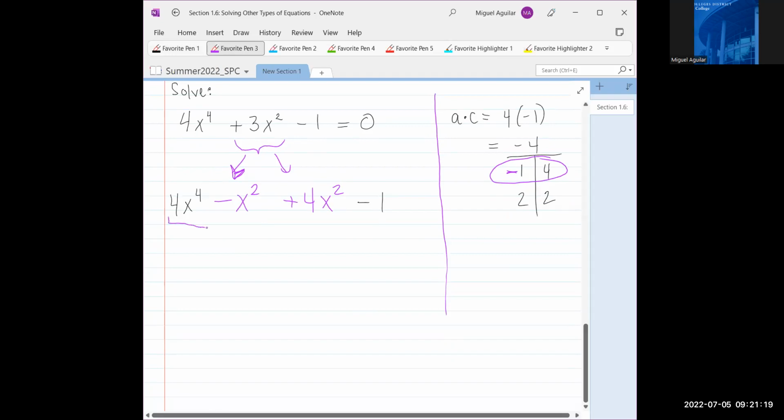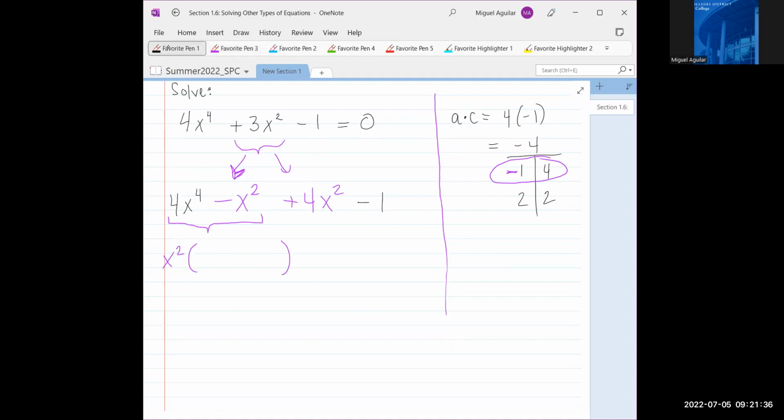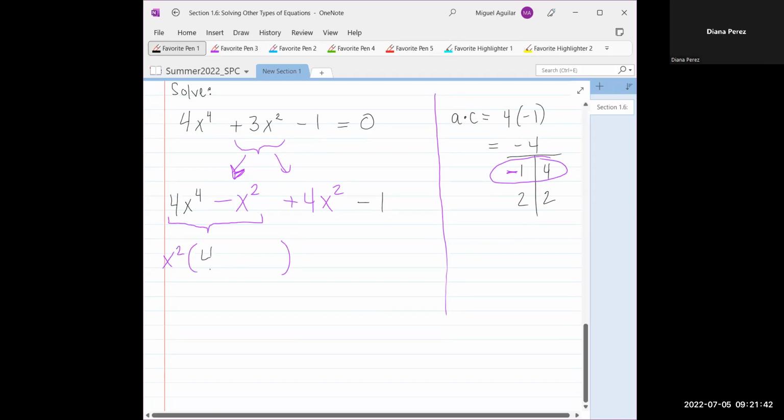We'll look at the first 2 terms. And what's their greatest common factor? X to the 2nd. If I factor that out, what do I have left over in parentheses? -1.